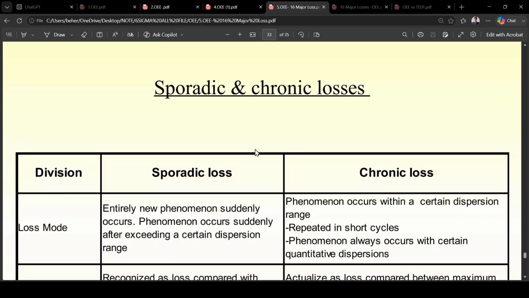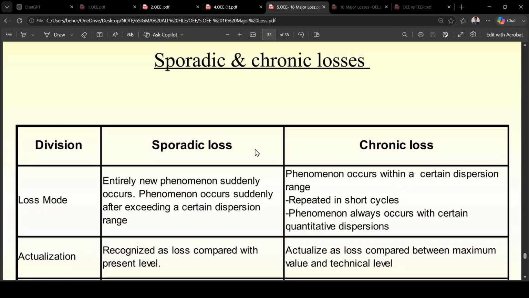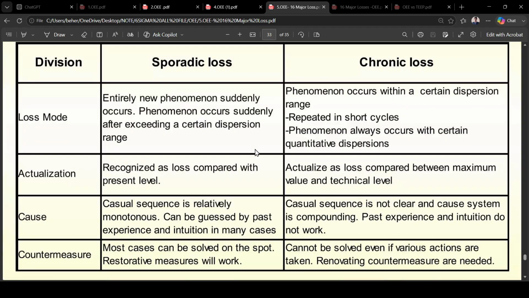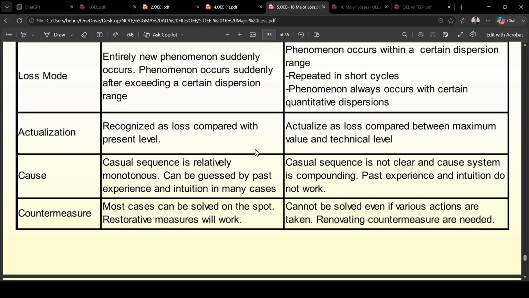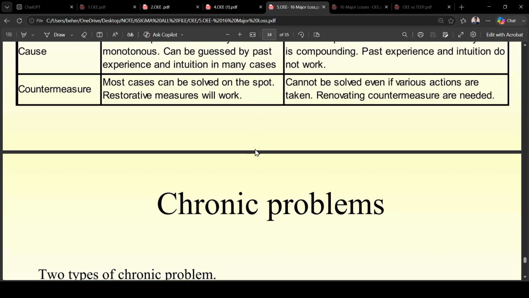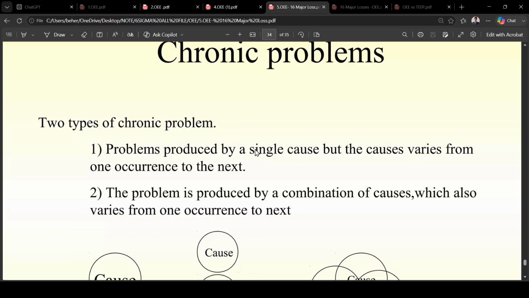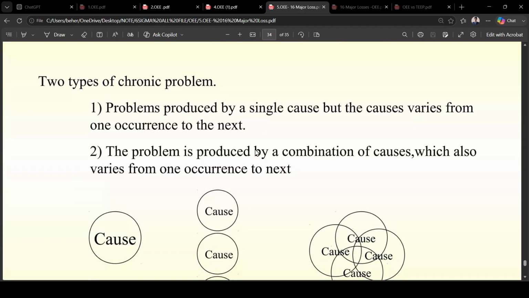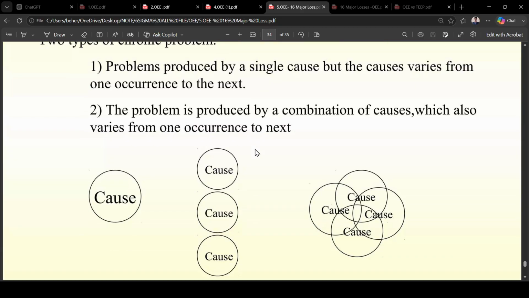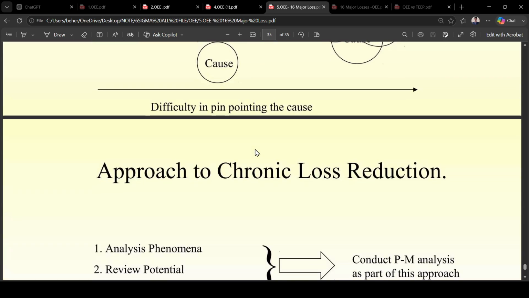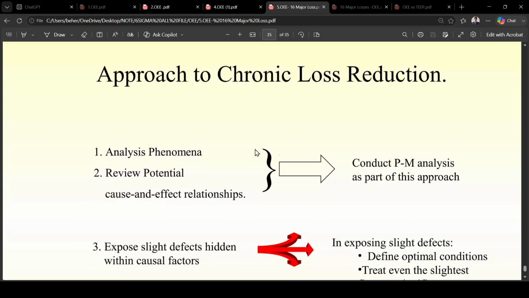Sporadic and chronic losses. Chronic problems. An approach to chronic losses, loss reduction.